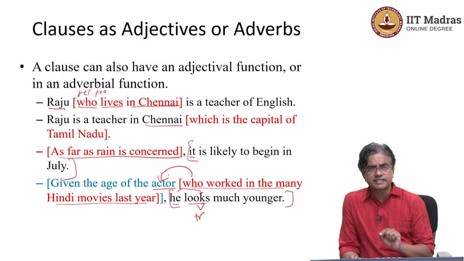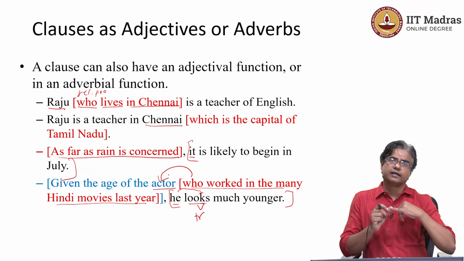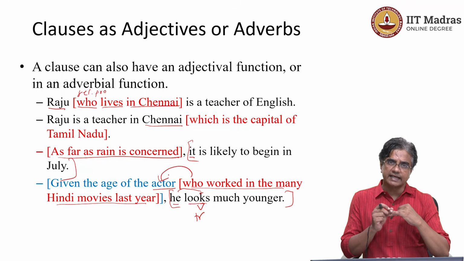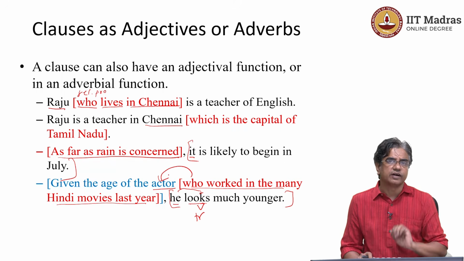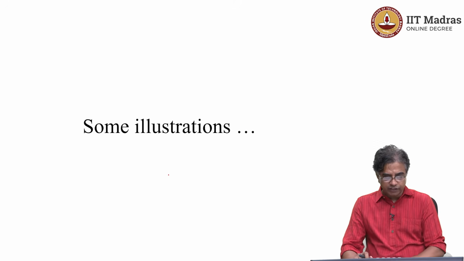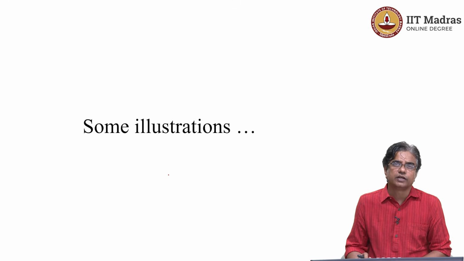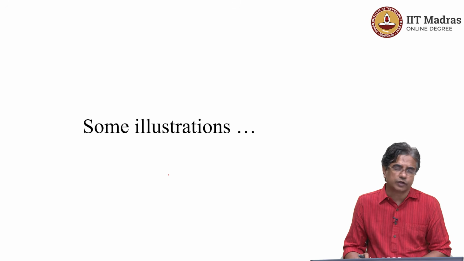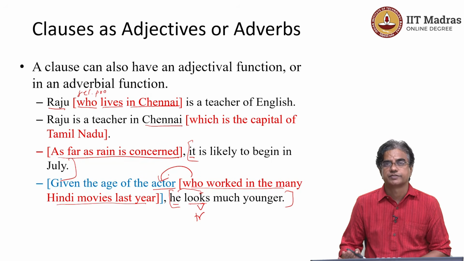So we can see that clauses can occur as nouns, as adjectives, as adverbs. This is the function that we need to know for understanding clauses. This is what we need to know as bare information with a lot of examples.